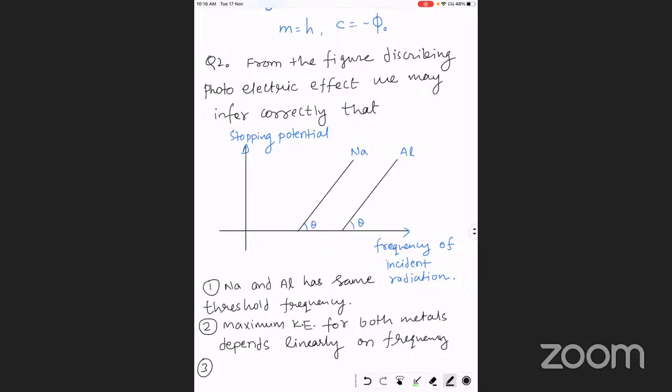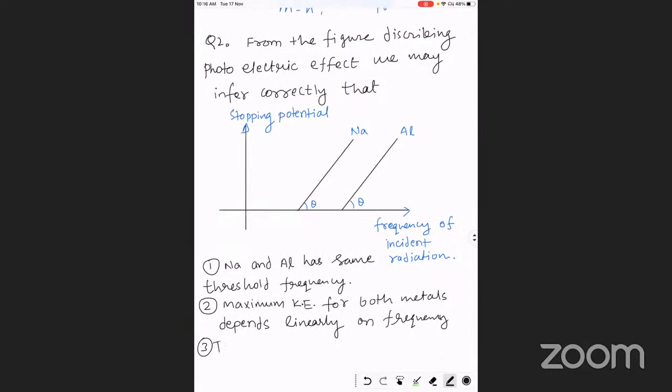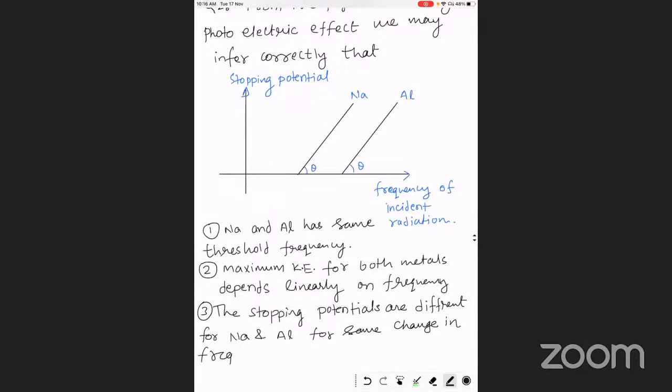Third option, the stopping potential are different for sodium and aluminium for same change in frequency. ऑप्शन थर्ड तो मुझे समझ ही नहीं आया क्या है.